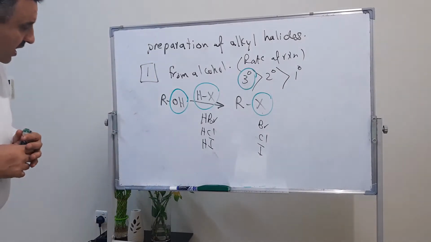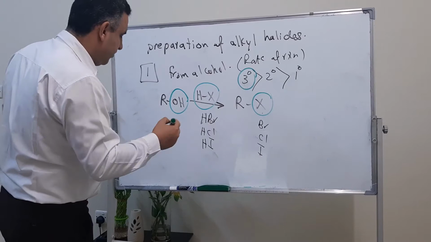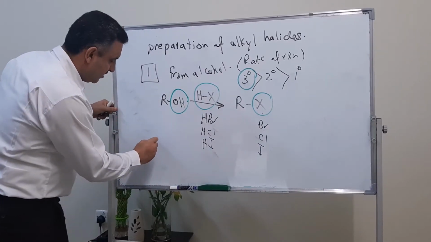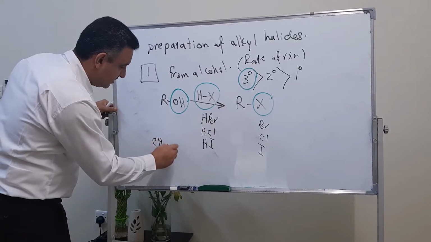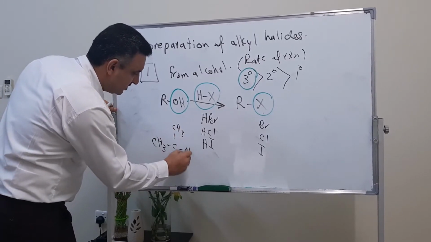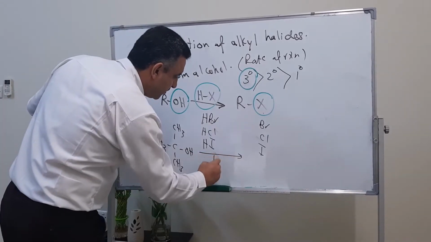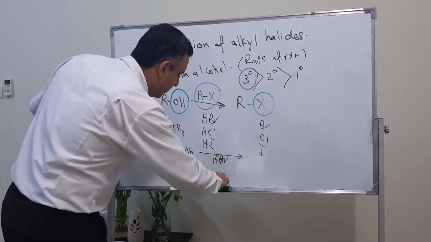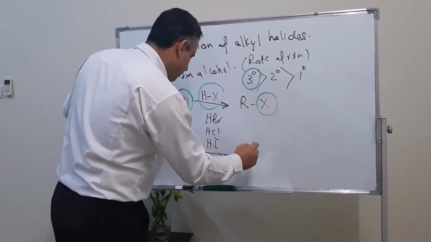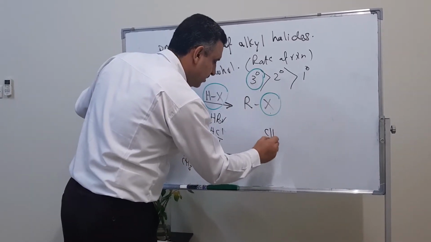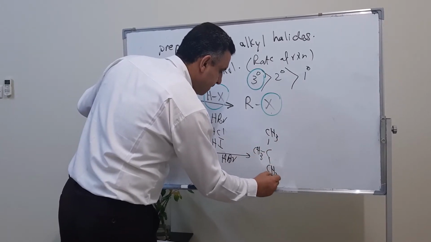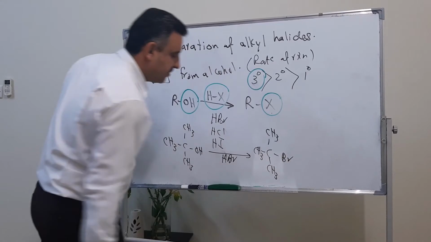So, for example, if we want to convert CH3C, CH3, CH3OH, this tertiary alcohol, to the corresponding tertiary bromide, we can use HBr, and we can convert it easily to the corresponding tertiary bromide.